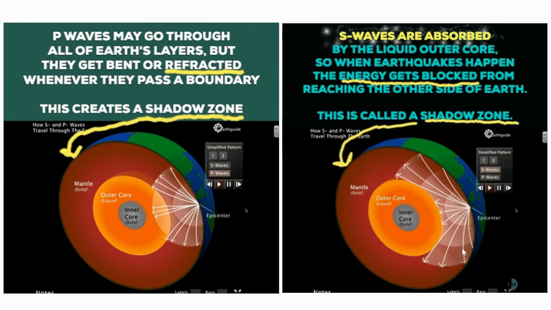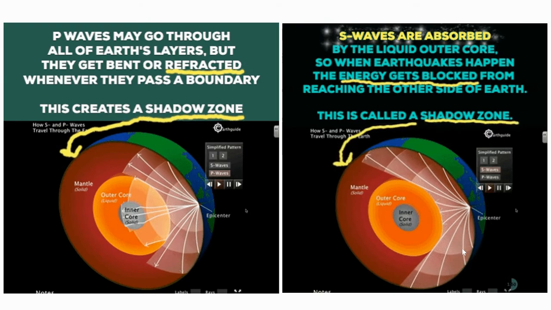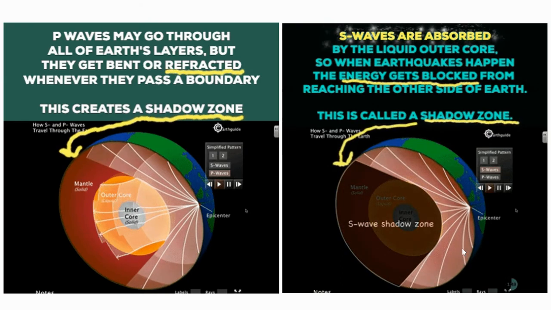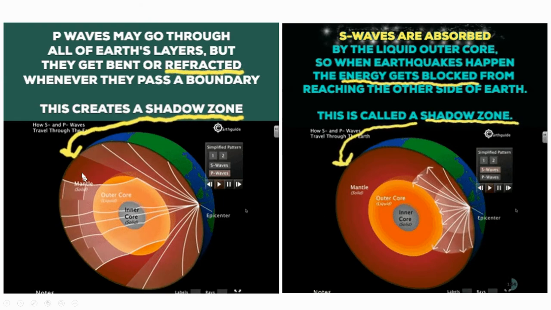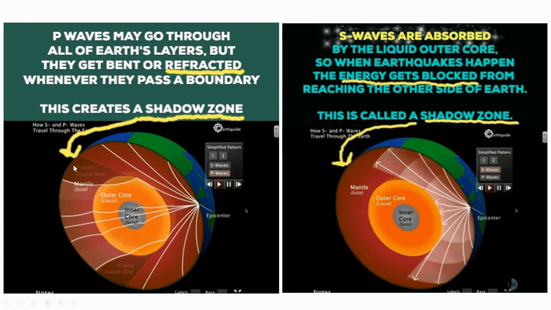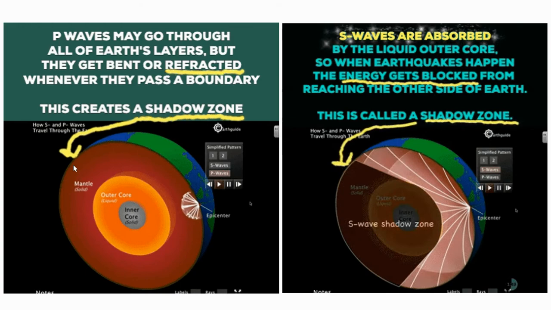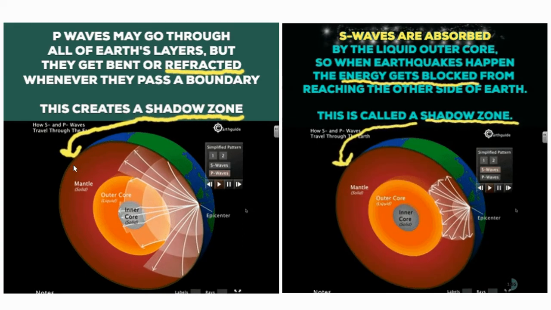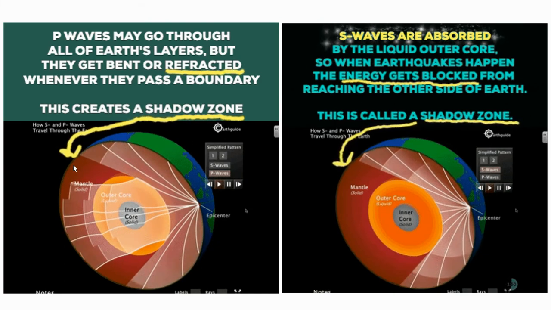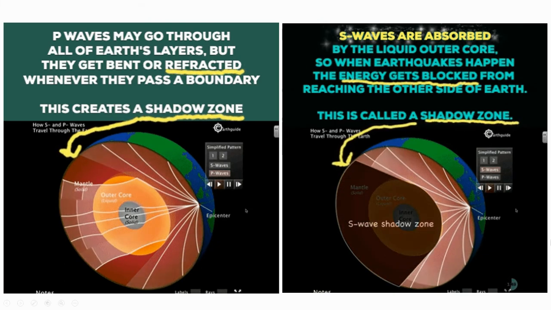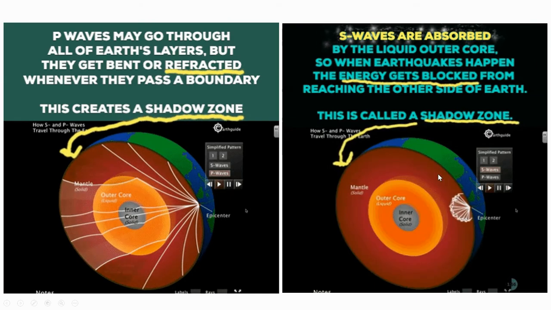We'd expect it to emanate out in a perfect circle or sphere, but we see that there are areas where it doesn't go. Even for P waves, because of the way they change direction, there are areas where we expect to see them and they're not there, just because of refraction. They change direction as they go through a different density.